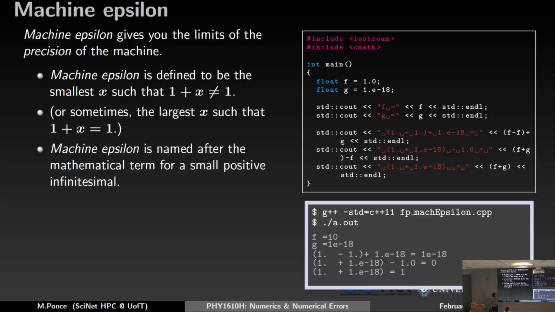You will see f is 10, g is 10 to the minus 18. In this case, as before, we get 10 to the minus 17. If we do this and subtract, then we get 10 to the minus 18. If we add 1 plus 10 to the minus 18, we still get 1. So that means we are below our machine epsilon.